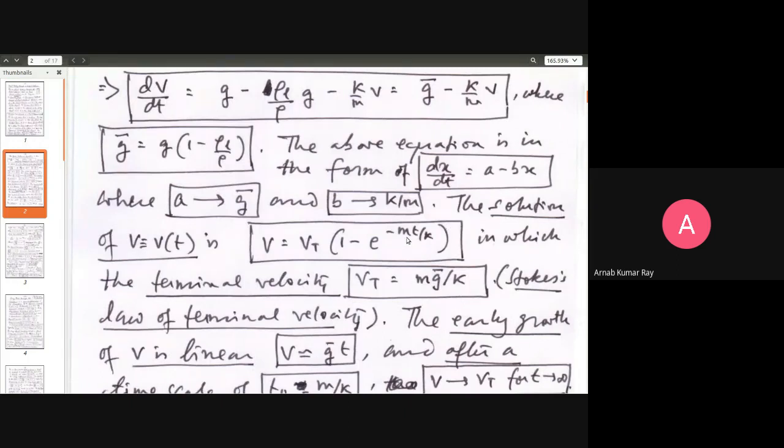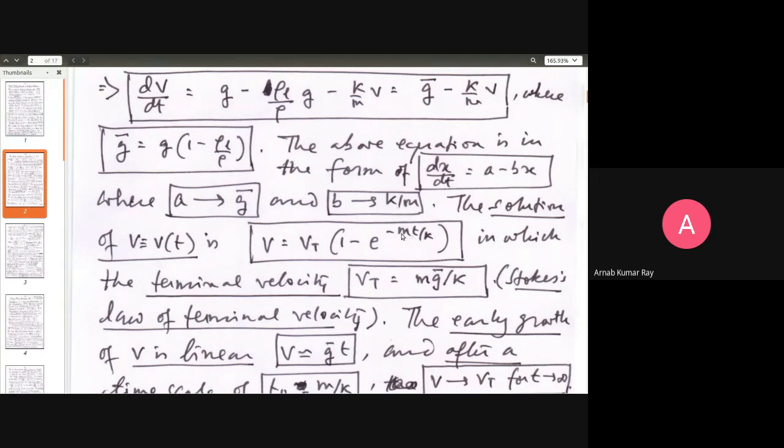I made a slight mistake over here. This thing should be k by m, because if you recall the solution of this equation, x is equal to x naught, being equal to a by b, times 1 minus e raised to minus bt. So a by b will be m g bar by k, as I've written with v subscript capital T. I'll come to that later.